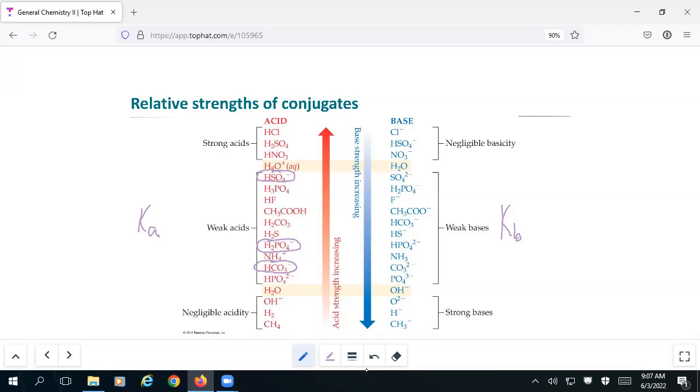That was always what we assumed. What this tells us actually is that's not really the case. Because if it were the case, then what we would see is that the hydrogen sulfate ion would be a strong acid just like the sulfuric acid is. But it's not. Here it is with the weak acids.